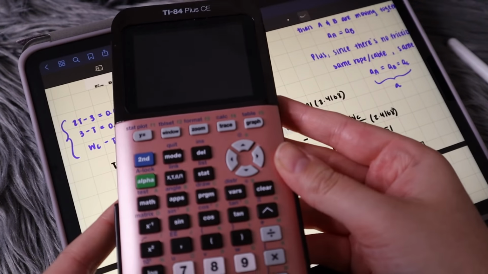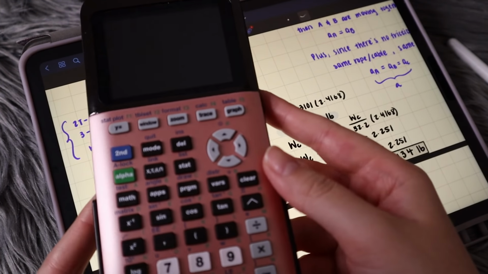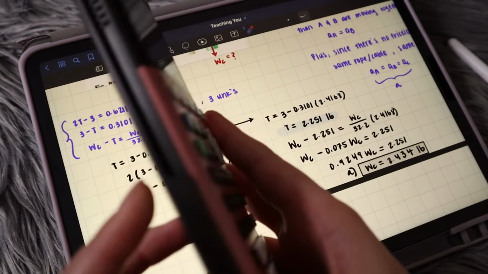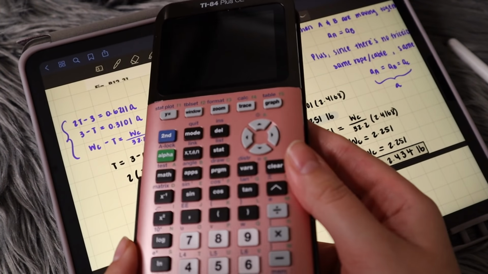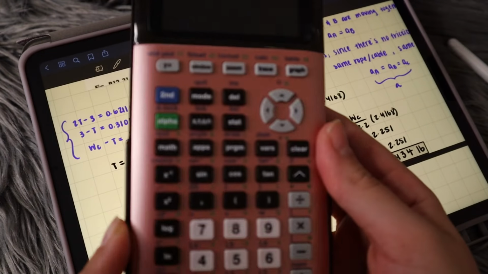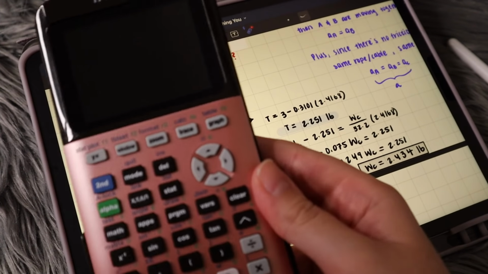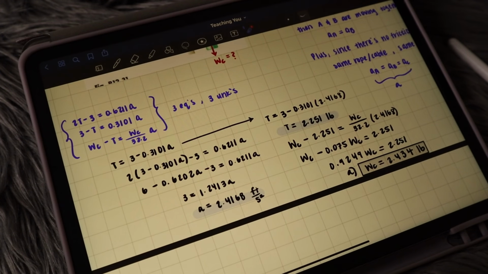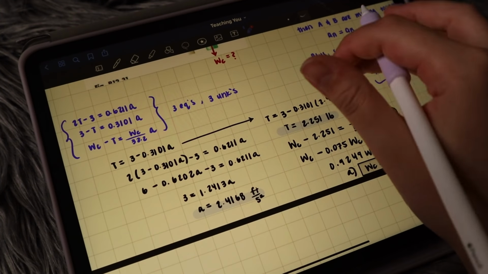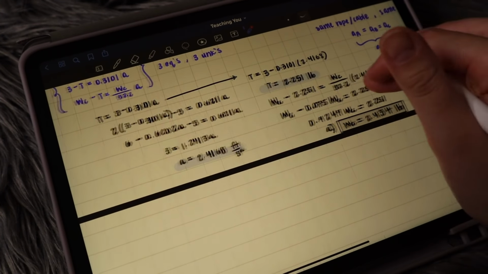I think if you have a graphing calculator, you should be able to do that. So this is the one that I just bought, actually. I asked you guys which one I should buy, and this one won the poll. So yeah, I've been experimenting with it. But yeah, you can just do it either way. Okay.